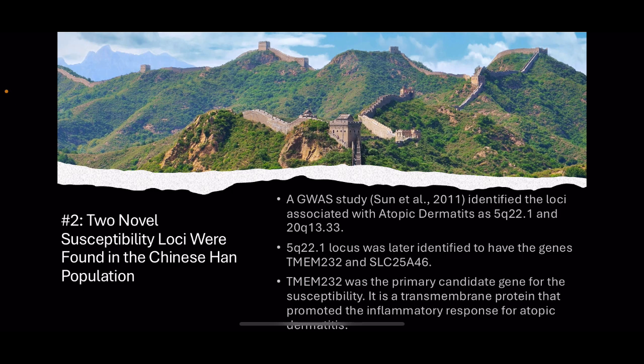They looked at 5q22.1, and it was later identified to have the genes transmembrane protein 232 and solute carrier family 25 member 46. We're going to focus on transmembrane protein 232 because it promoted the inflammatory response for atopic dermatitis, and that's why it was the primary candidate.